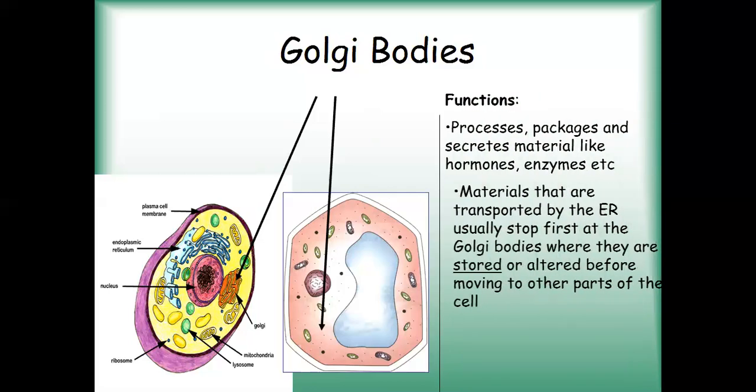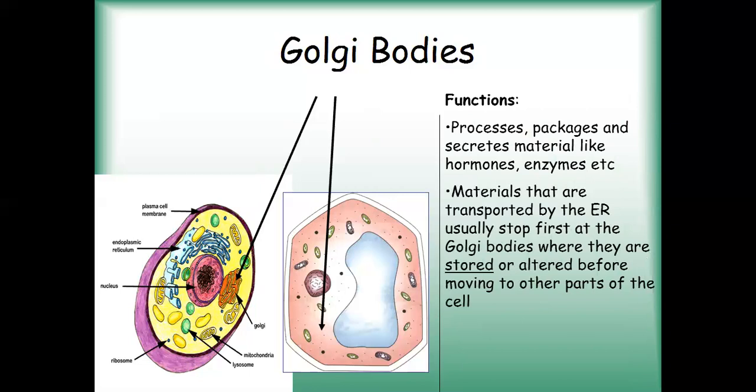The functions of Golgi bodies are that they help in processing, packaging, and secreting materials like hormones and enzymes. The Golgi apparatus is also known as the delivery system of the cell. In a plant cell, you can see them in the form of granules. In an animal cell, they are in the form of foldings, or flattened sac-like structures.